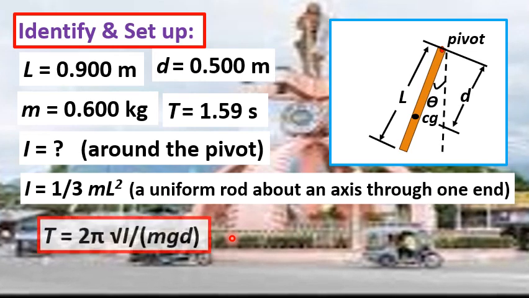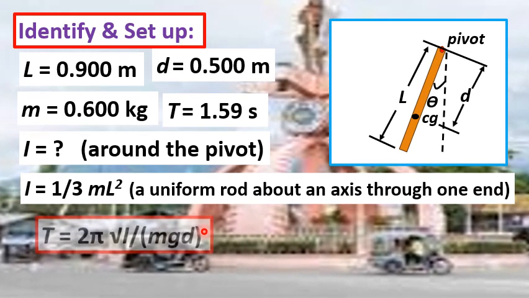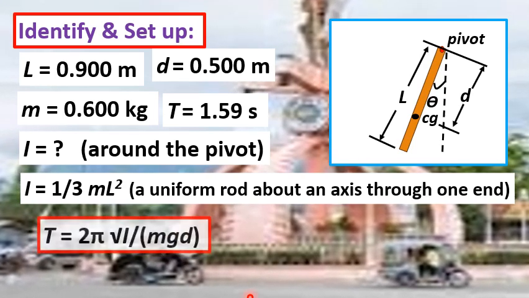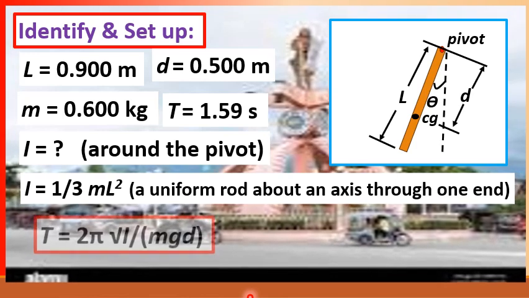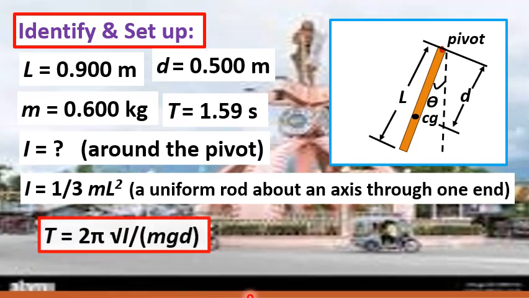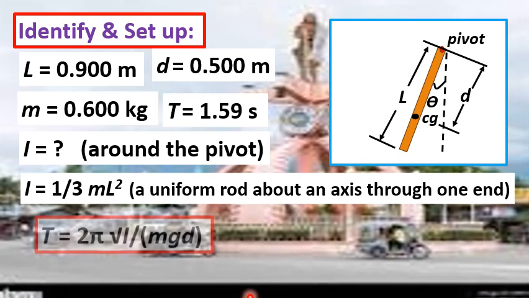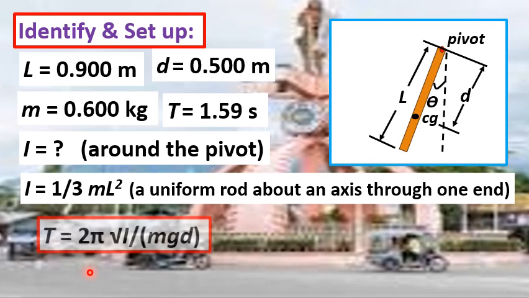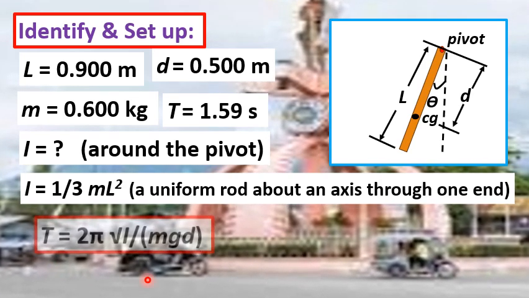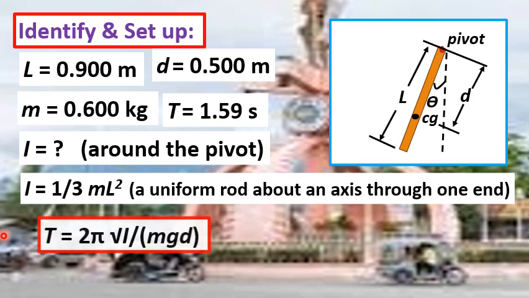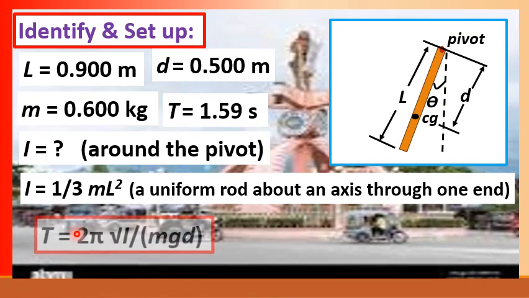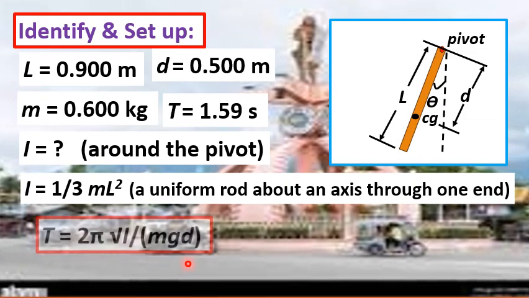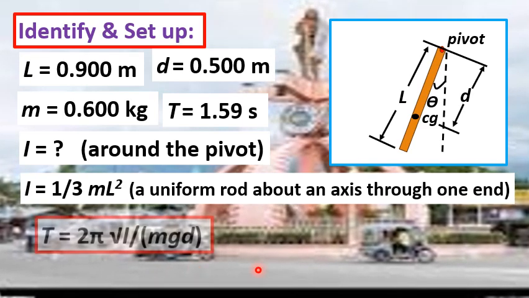All right. So we can isolate the moment of inertia, capital I, by just squaring both sides of the equation. So we're going to square the time period capital T, the value of 2 pi, as well as the quantity inside the radical sign.